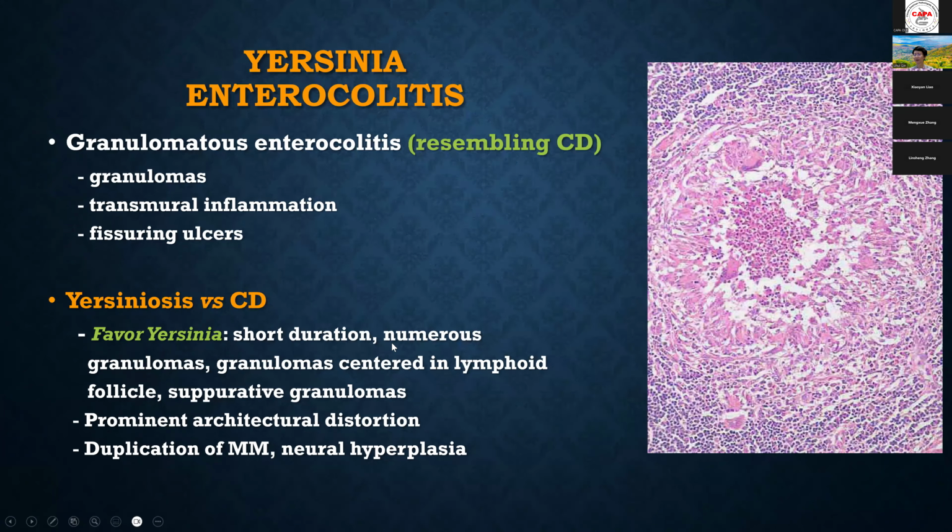Usually for Crohn's disease, we have to look for them. And if you see a lot of them, particularly if you see something like this, a granuloma with a lot of neutrophils in the center, we call it a suppurative granuloma. Or you can see the granulomas inside lymphoid follicles, and you have to start thinking of Yersinia. And of course, TB is always in the differential, but in TB you see necrotizing granulomas, and in Crohn's you see non-necrotizing granulomas.